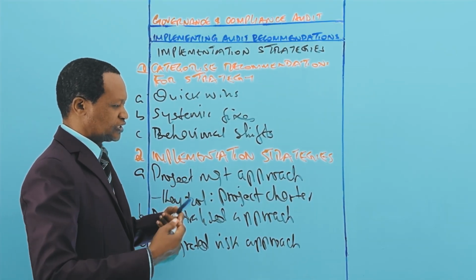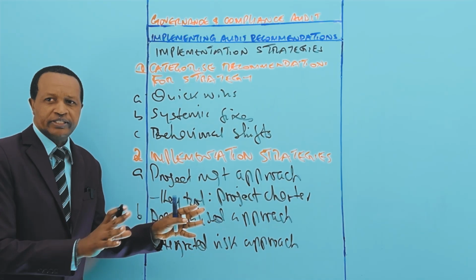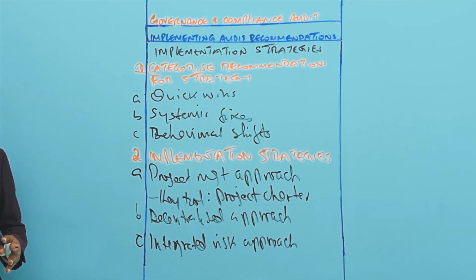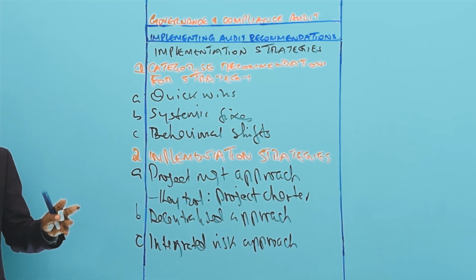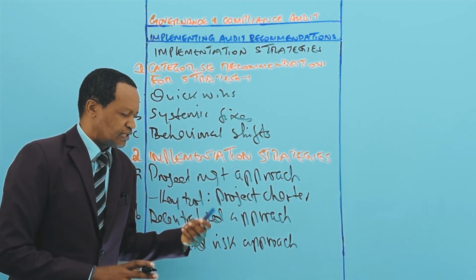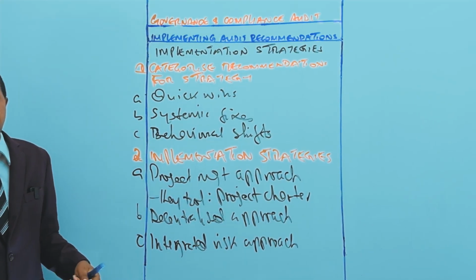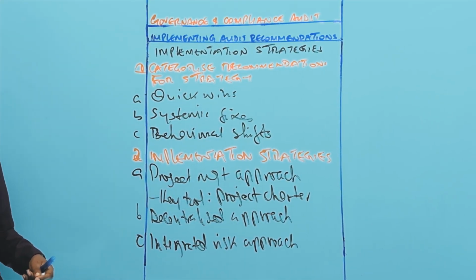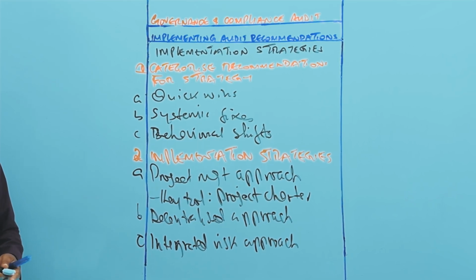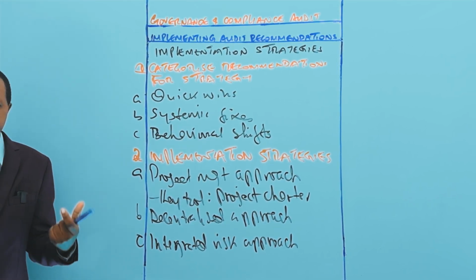The existing strategic plan, you embed the recommendations there. That means you link the audit fix to the manager's annual key performance indicators. And that is best for ensuring long-term sustainability and board level visibility.